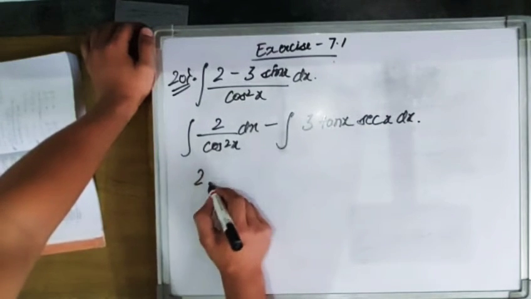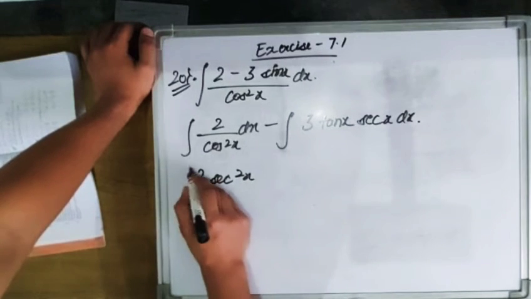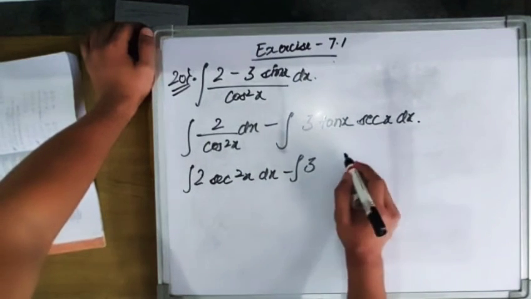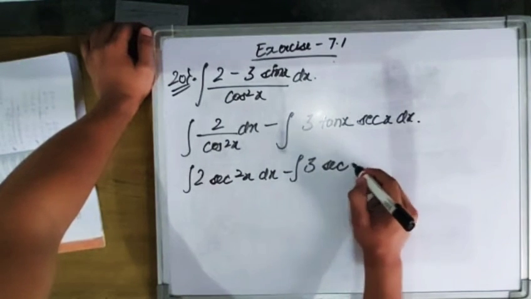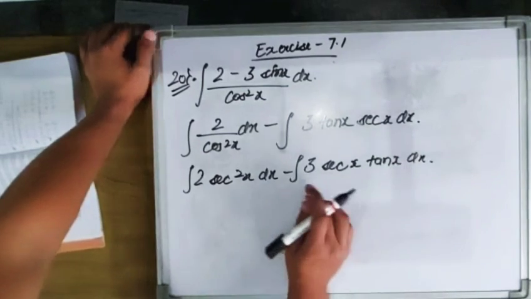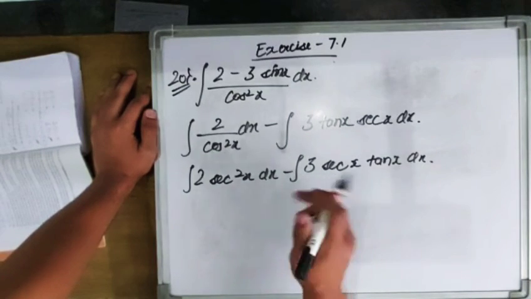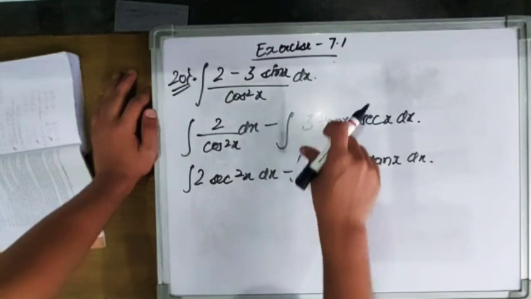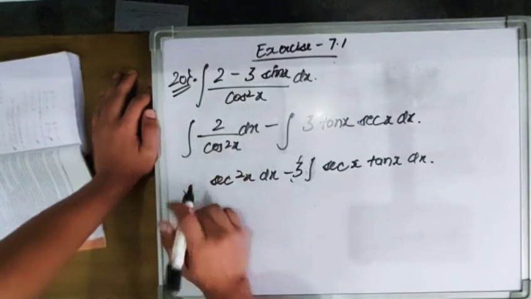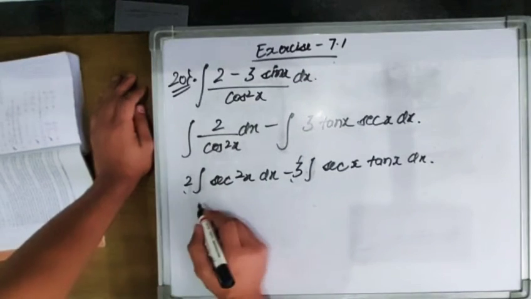I can write 1 upon cos square x as secant square x, and sin x upon cos square x as secant x tangent x. If you want to write 3 inside or outside the bracket, you can write it either way, and the question will look appropriate if you write the constant term outside the bracket.